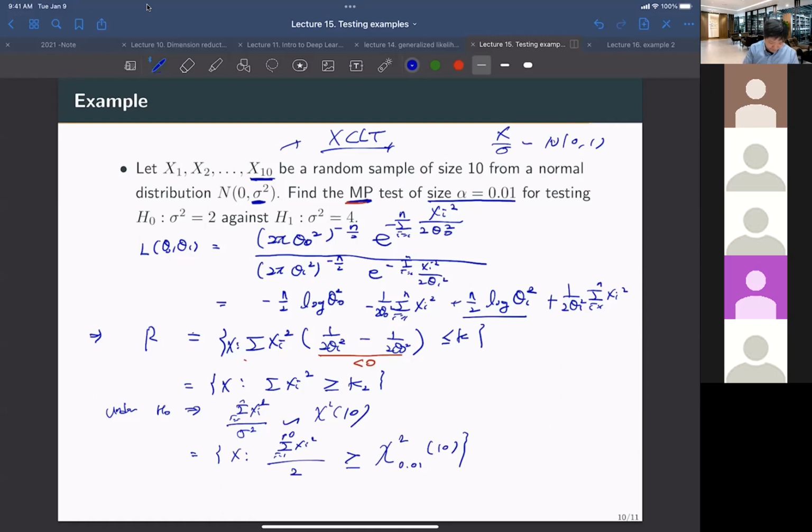And for chi-square 0.01 with 10 degrees of freedom, let's look at the table. It will be 23.209. So the test with this rejection region will be the most powerful test.